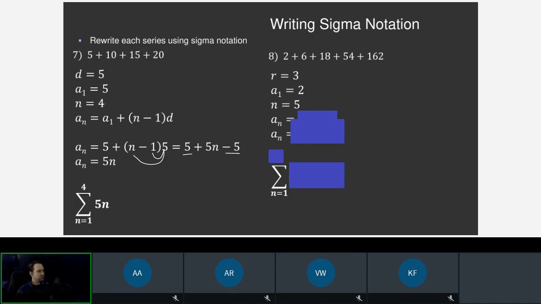And we are going to use the geometric formula: A sub 1 times the common ratio raised to the n minus 1 power. We plug in a sub 1 and we plug in r. So we got 2 times 3 raised to the n minus 1 power.